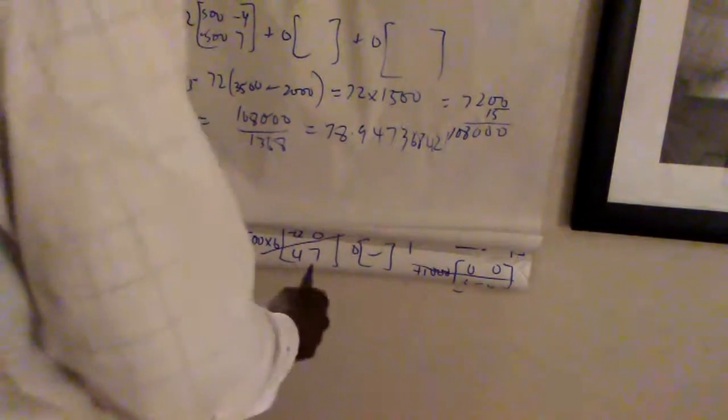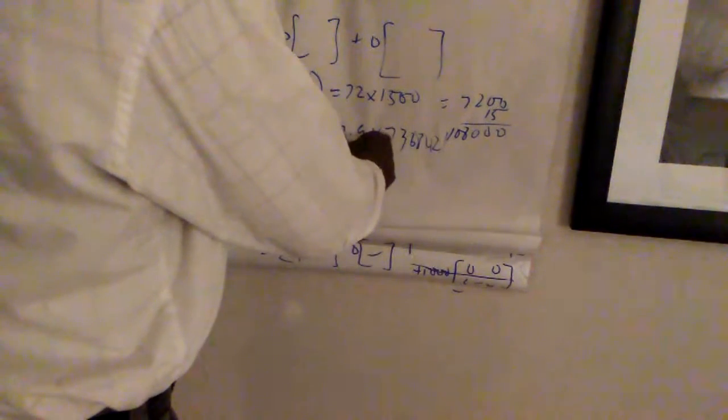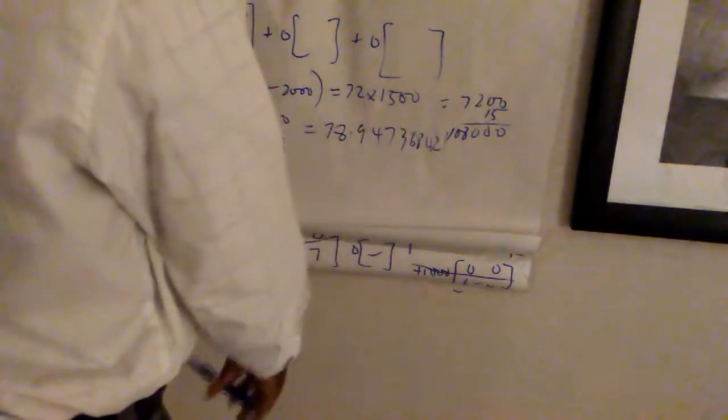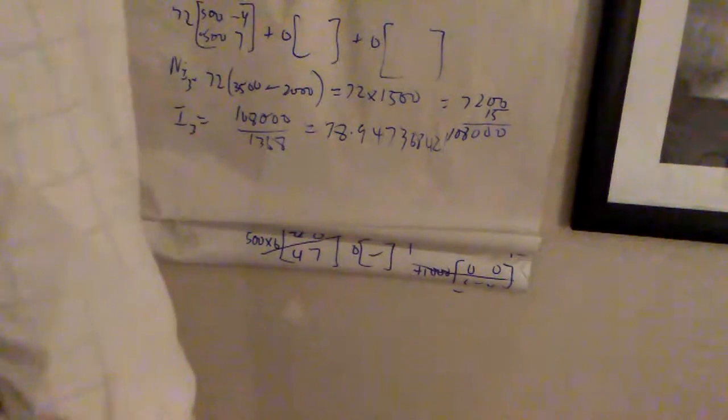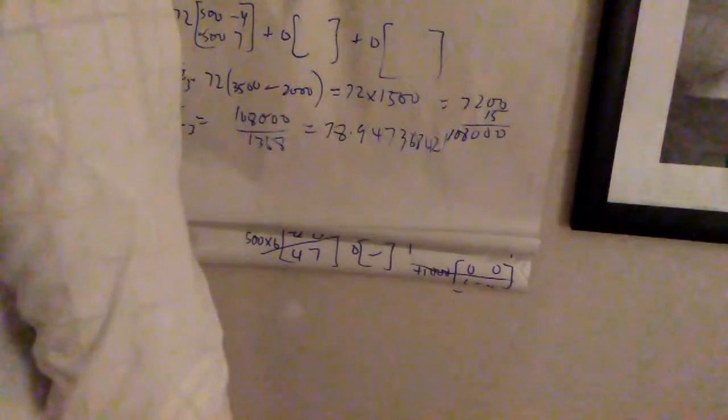But right now we're just doing amperes, so it's 78.947, close to 79 amperes. And it's going in the clockwise direction because it turned out to be positive.